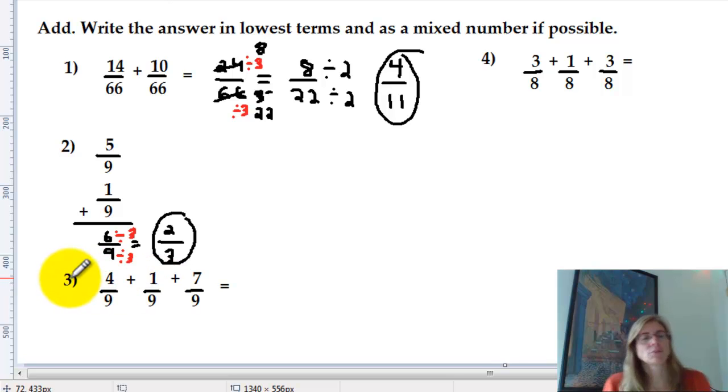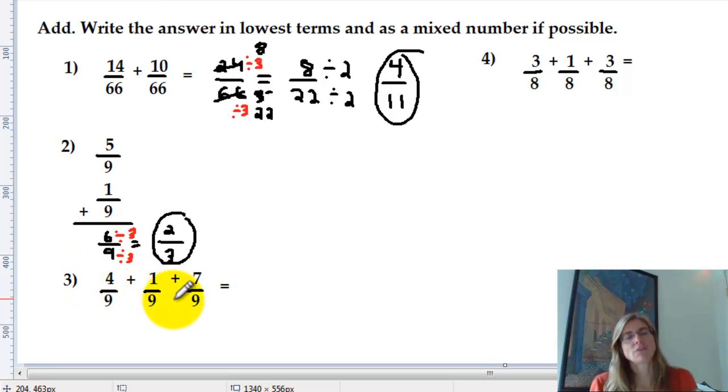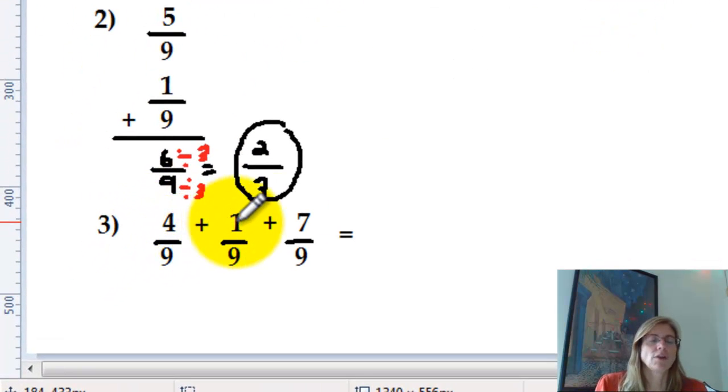So in problem 3, once again, we do have common denominators, so all we add is the numerators. 4 plus 1 is 5, plus 7 is 12. And the denominator stays the same.